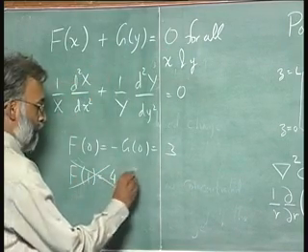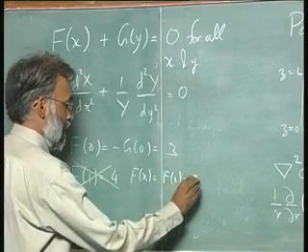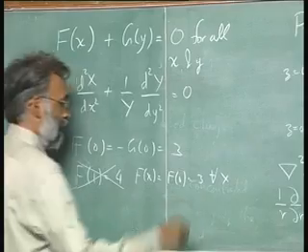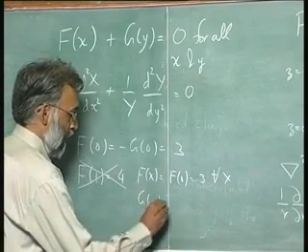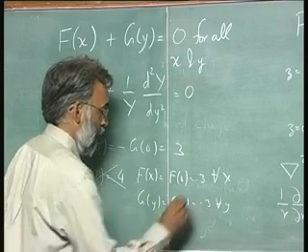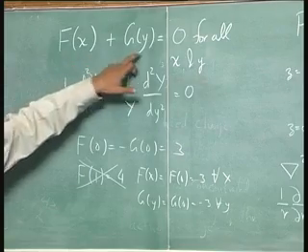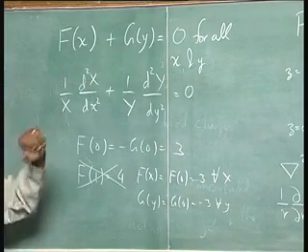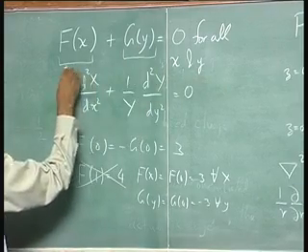It must be true that f of x is equal to f of 0, equal to 3, for all x. Similarly, g of y is equal to g of 0, equal to minus 3, for all y. What you can conclude from such equations is that f of x and g of y are constants.